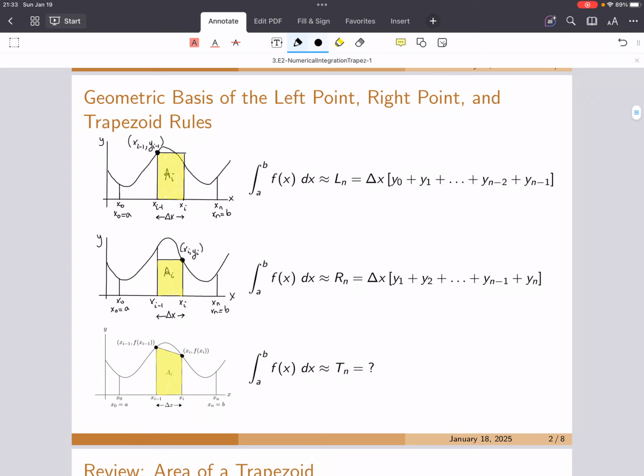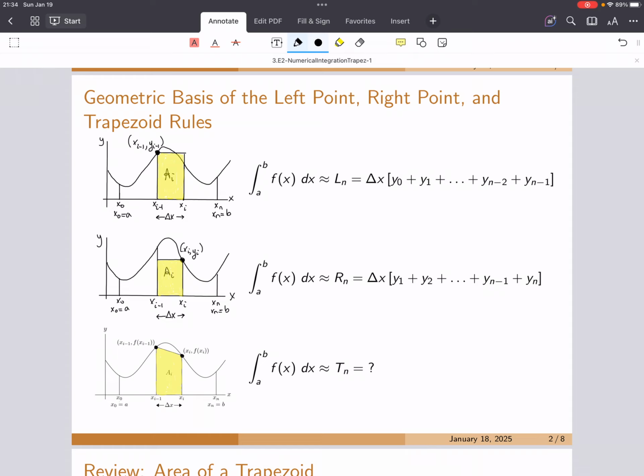So the first two rules you've seen before, right? The left point rule uses the areas of rectangles built on subintervals of width delta x, where the height of each rectangle is based on the height of the left endpoint of the rectangle.